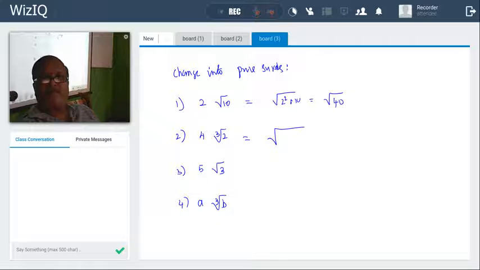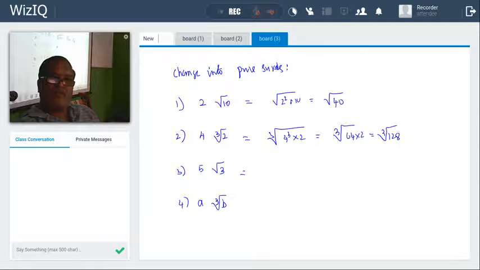Cube root of 4 cube into 2, cube root of 64 into 2, cube root of 128. So this is how much? Square root of 5 square into 3, 75.